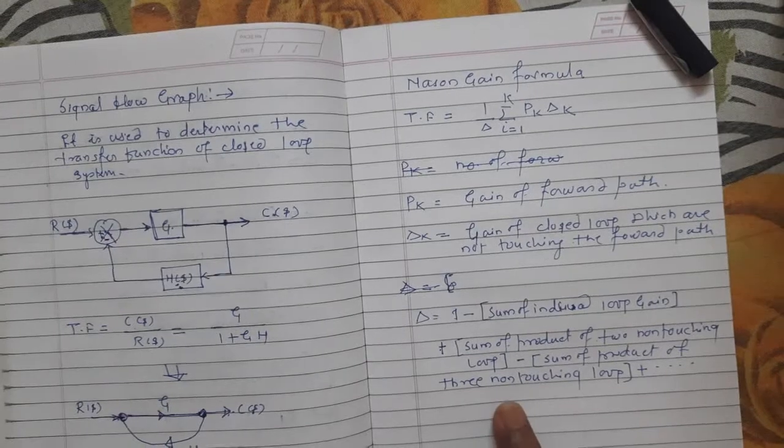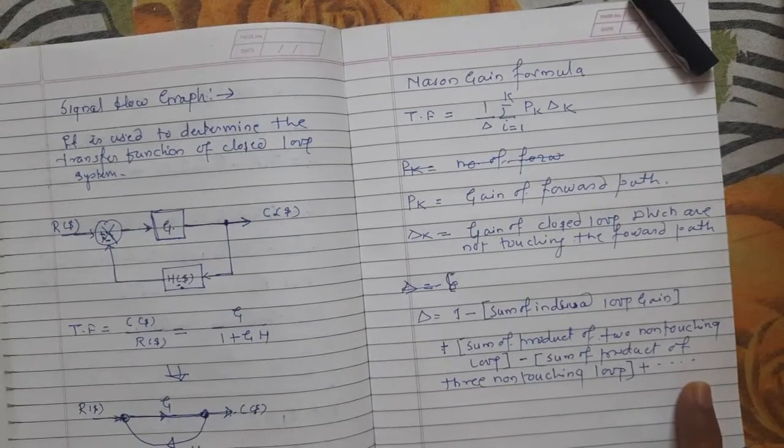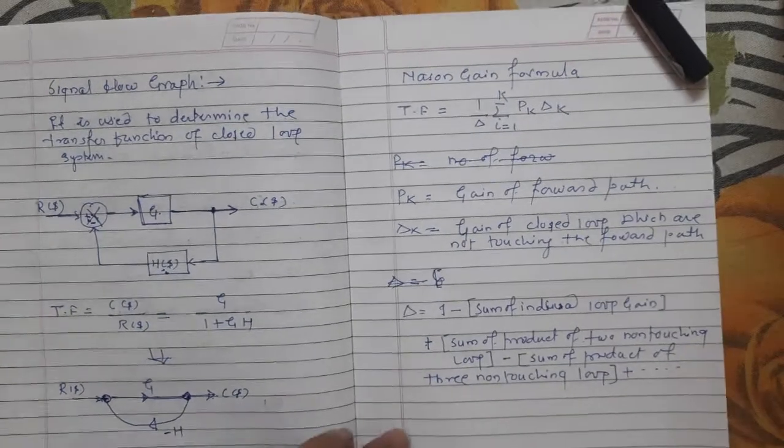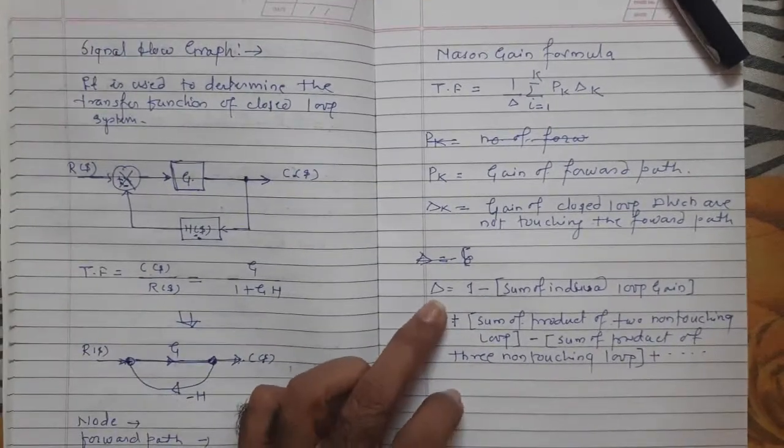Then there is the product of four non-touching loops, five non-touching loops, and so on. Like this we can calculate the del value.